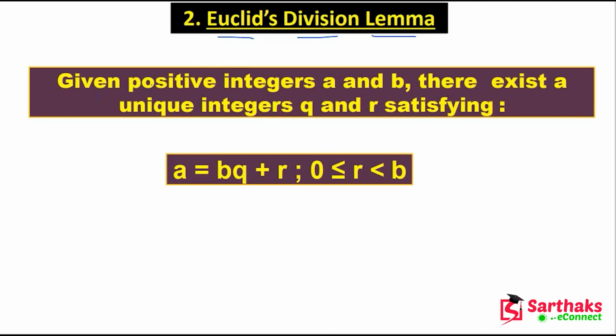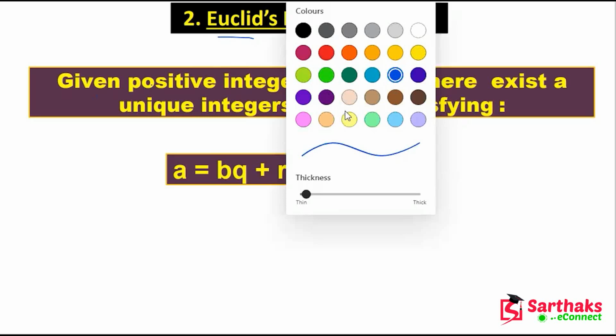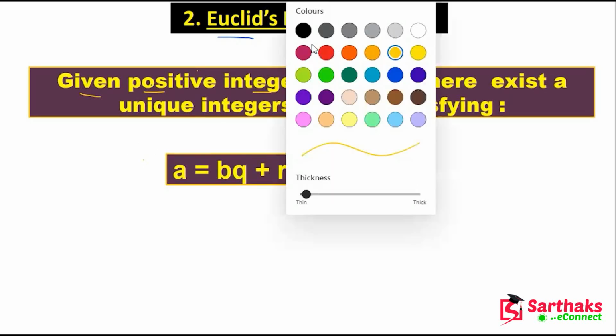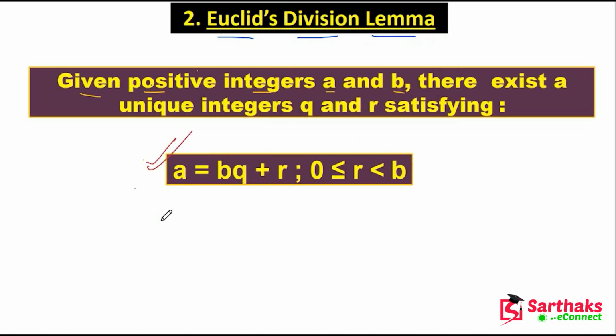Given positive integers, let's suppose we have two positive integers a and b. Given positive integers a and b, there exists a unique pair of integers q and r satisfying the relation a = bq + r, where r is greater than or equal to 0 but less than b.